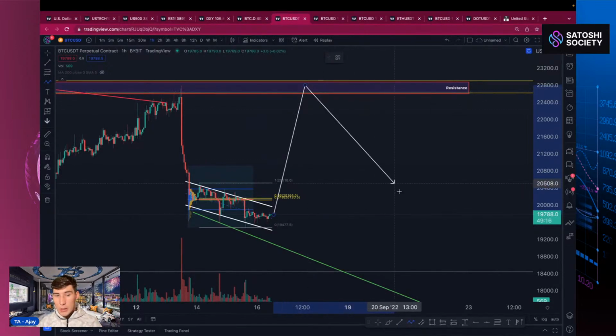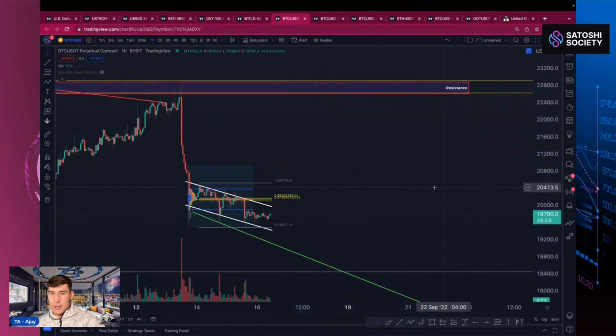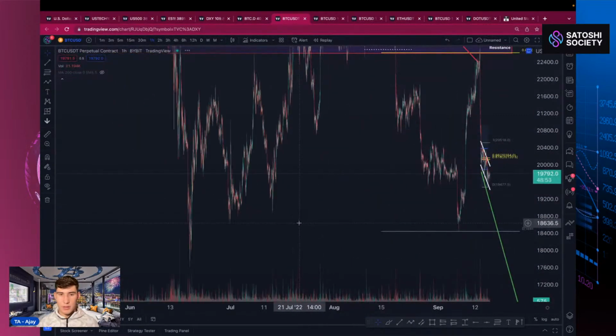And I'm going to be shorting back down to these lows here, taking profit at these lows if that occurs, of course, and then holding 50% of that trade open, again, to see if we can go lower, potentially down to 18,000, maybe even back down to $17,500, which is the previous low from all the way back here.